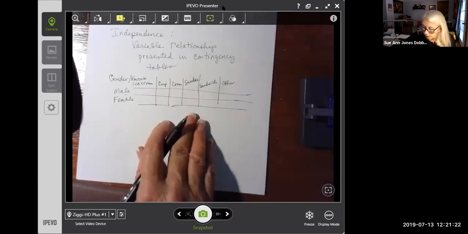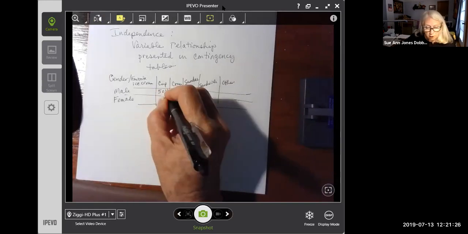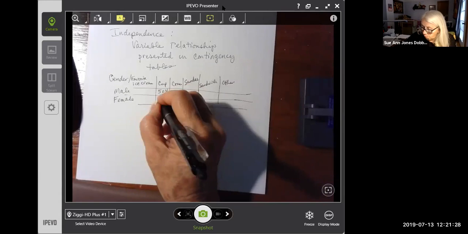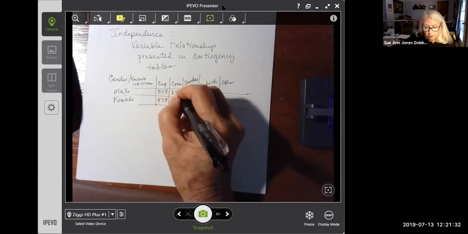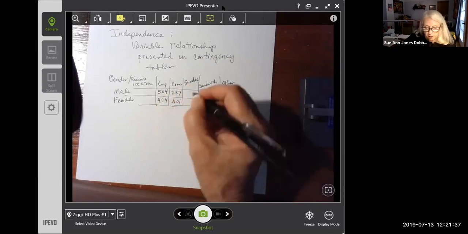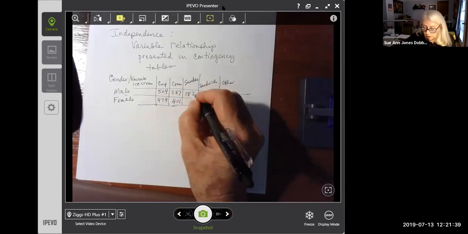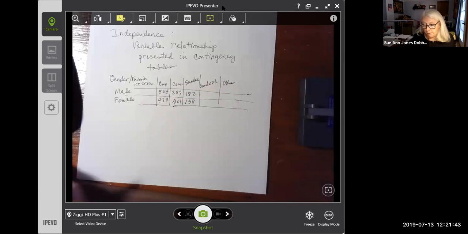And so there were 504 men who preferred to have their ice cream in a cup, 474 women. There were 287 men that preferred a cone to 401 women. There were 182 that preferred a sundae that were men, and 158 that preferred a sundae that were women.